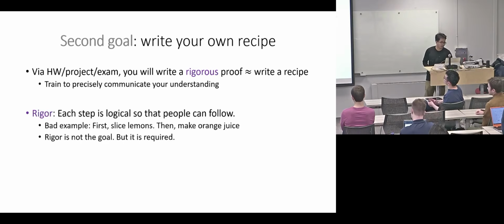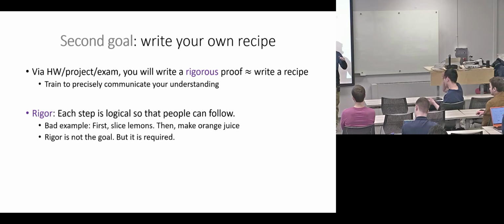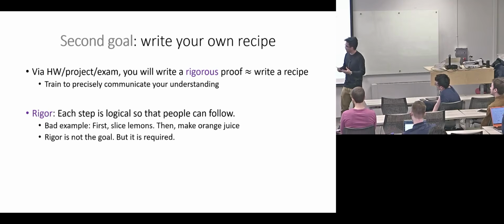What I mean by rigorous is that each step should be logical so that people can follow. The bad example is if I say the first step is to slice some lemons, and the second step is to make orange juice, then it doesn't make sense. People cannot follow this, right? So it's very important to be rigorous. It's not the goal itself. The goal is to communicate ideas, but without rigor, one cannot verify or follow the steps.